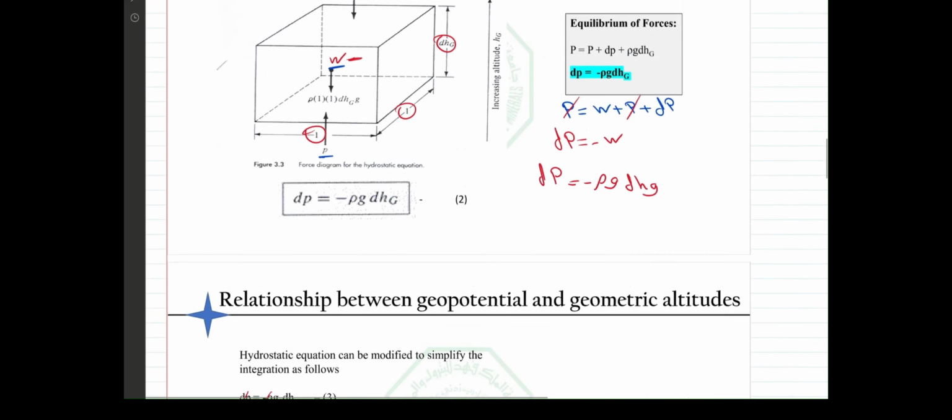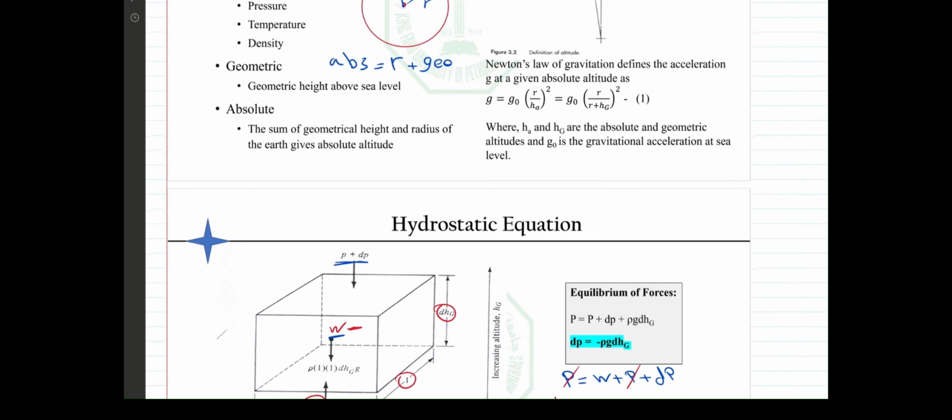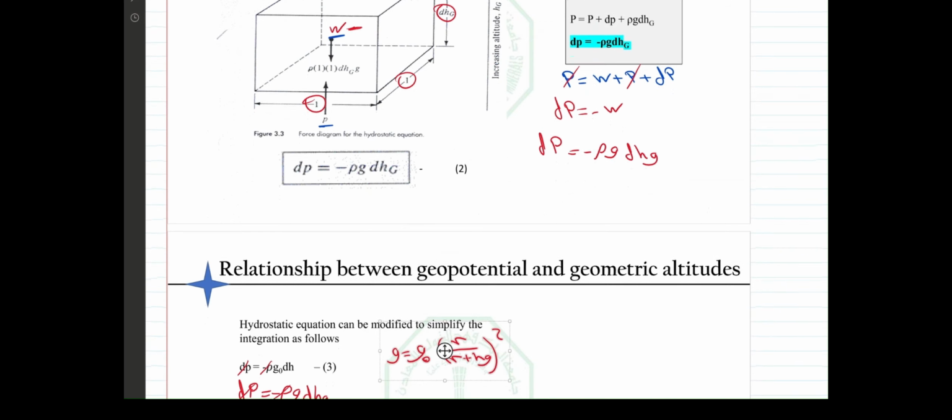So going back to Newton's law, g equals g naught multiplied by R over R plus Hg, squared. Okay, now let's take this one with us down, drag it.